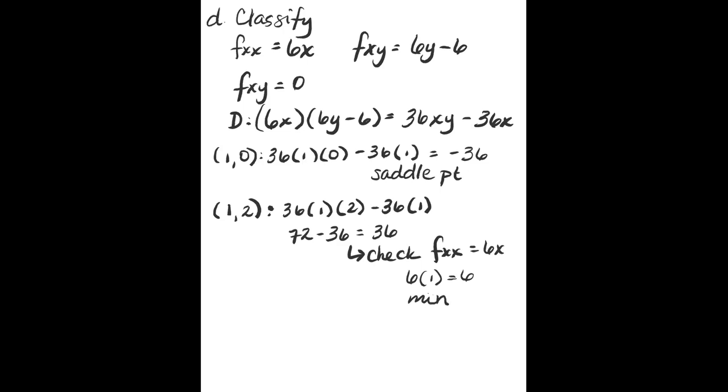All right, let me go to another page for the other two. So I had (1, 0) and (1, 2). Let me do (-1, 0). That gives me 36 times negative 1 times 0 minus 36 times negative 1. 0 plus 36, sorry, equals 36.